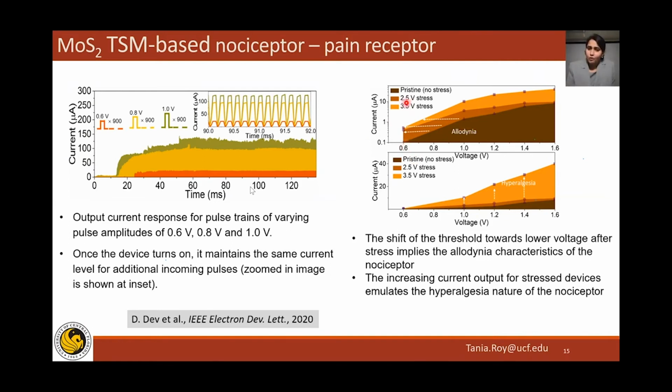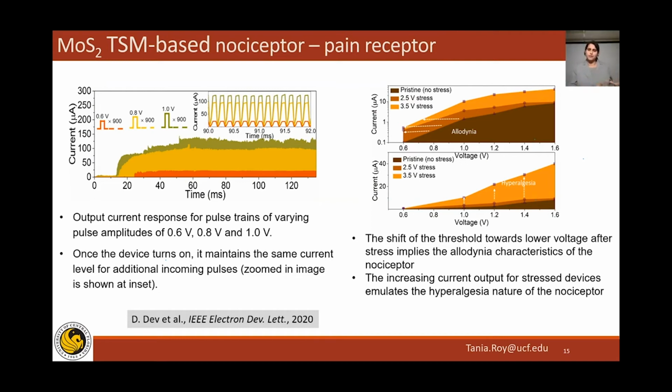We find that if we apply increasing pulses of increasing amplitude, the threshold has shifted to lower values. Another thing is that the output current also increases for the same voltage values. So these conditions are called hyperalgesia and allodynia, which are being followed by our nociceptor, pain receptor.